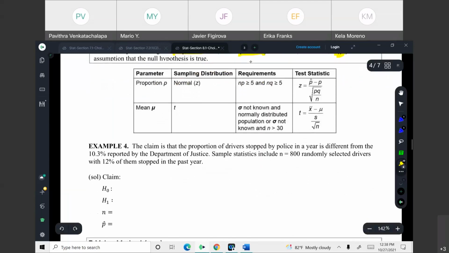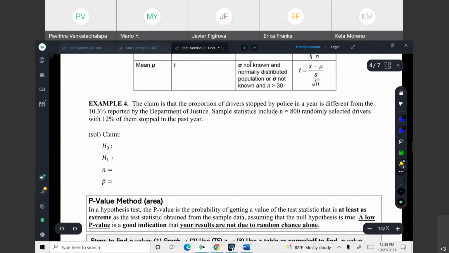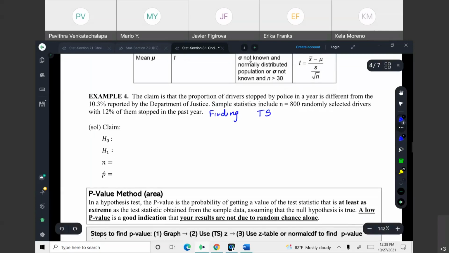So we will do one example, finding the TS. Now I will call test statistic as TS and critical value as CV. So what is the claim? The claim is the proportion, I'll just denote it by P. They're saying that it is different.